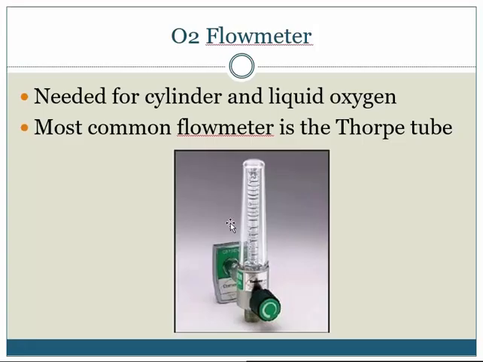When you put this into the wall, which you're going to learn how to do, you need to make sure that it's fully upright because you're going to go by a little ball to figure out where the ball is floating, what oxygen flow they're receiving. And if you have it askew, it's not going to be accurate.